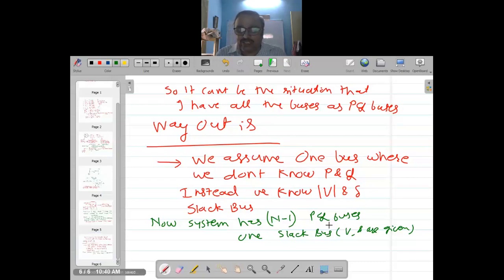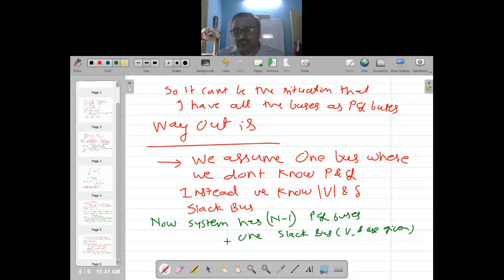So that is why it is necessary, I will not call it preferable, that we should have one slack bus in the whole system. All buses cannot be PQ buses. This is the physical requirement, that I should have at least one bus where I don't know P and Q, and I know V and delta.